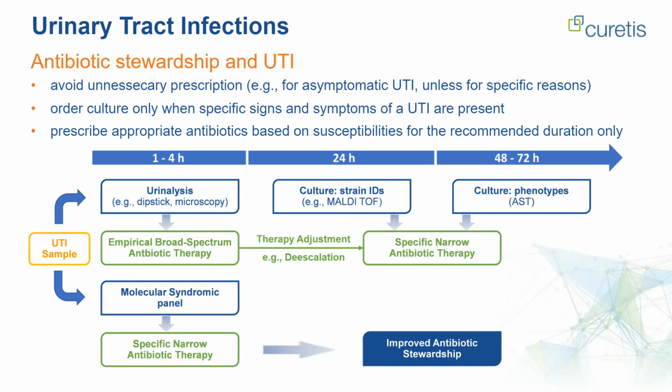In the first part of the webinar, we presented you already the first version of this slide. So patients are treated empirically on day 1, and therapy gets adjusted only after several days once culture results become available. Now, with a molecular panel included, you may be able to select a tailored narrow antibiotic therapy already on the first day, which helps you to improve patient management and also supports antibiotic stewardship rules.